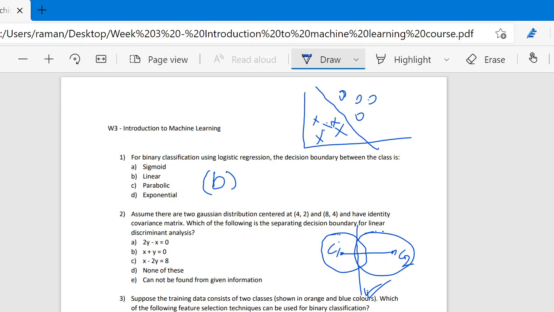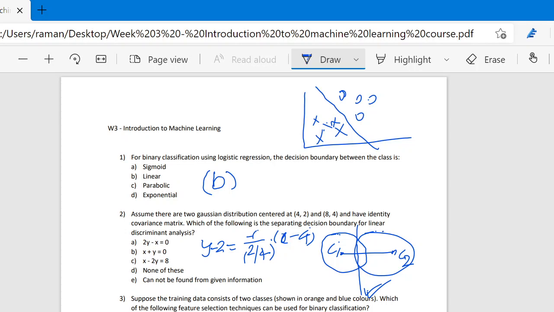So the equation for this perpendicular line will be y minus 2 minus 1 divided by the slope from these 2 points, that can be calculated as 4 minus 2 is 2 divided by 8 minus 4 is 4, into x minus 4.